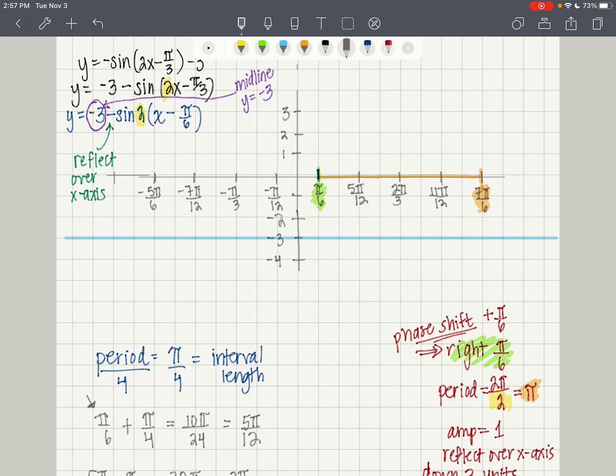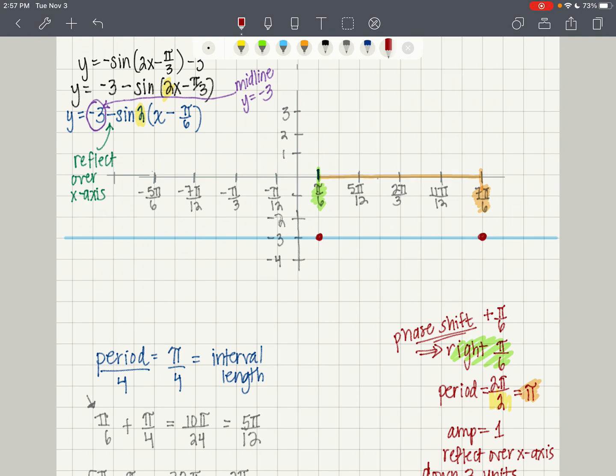So now that we have our intervals labeled, and we know that we're dealing with the sine function, we're going to start at the midline. Normally we start at the midline and 2 pi later we end at the midline, but in this case we're shifted right pi over 6. So that's where we're going to start, at the midline. 1 pi later, we're going to end at the midline.